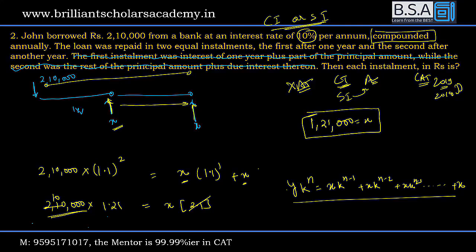Look at that equation. Y into k to the power n is equal to x into k to the power n minus 1, x into k to the power n minus 2, x into k to the power n minus 3. The power of k decreases and the last value will be plus x.